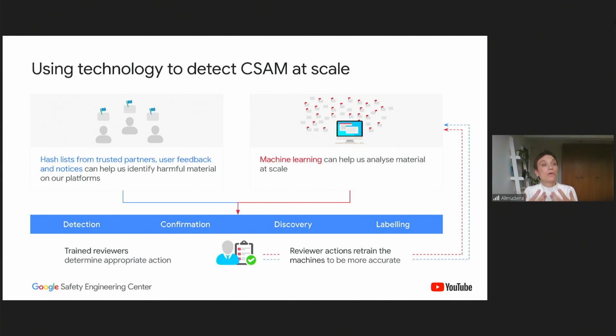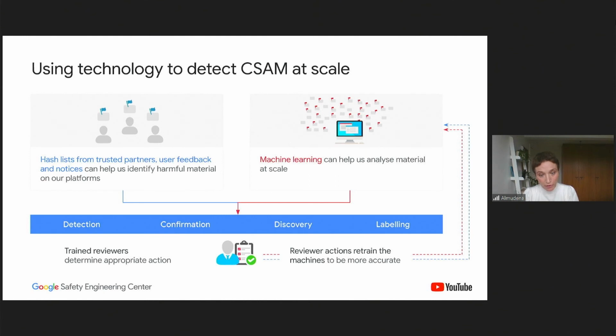But at the same time, we don't want to be here in the business of penalizing children or criminalizing children for the production of this content. We want to make sure that they understand the risks and that we take action and take down that content.